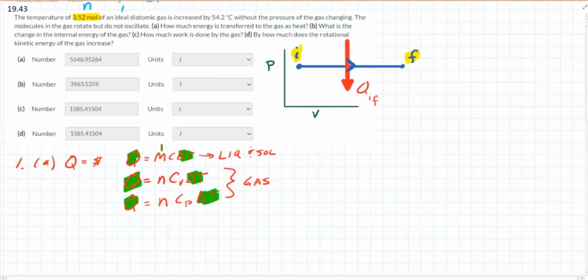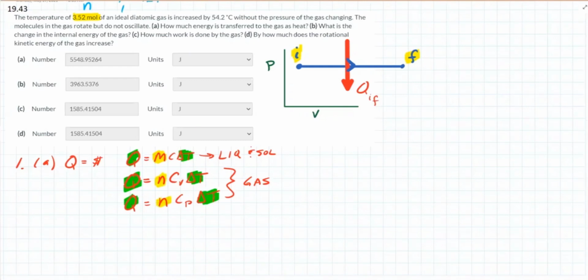For Q equals MC delta T, M is the amount of mass. M is the amount of liquid or solid in terms of kilograms or some mass unit. Here, though, in the world of gas, instead of M, we technically could use M, but it's easier to use N. N like number of moles. Okay, so that's different.